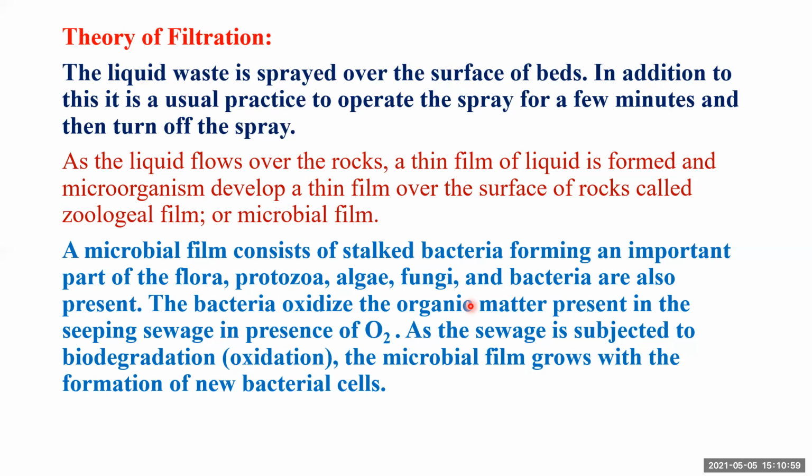When the liquid waste seeps through the pores or interstitial spaces in the bed of rocks, the bacteria present in the microbial or zooglobal film oxidize the organic matter present in the seeping sewage in presence of oxygen. As the sewage is subjected to biodegradation, the organisms are oxidizing, that means degrading, the organic matter.